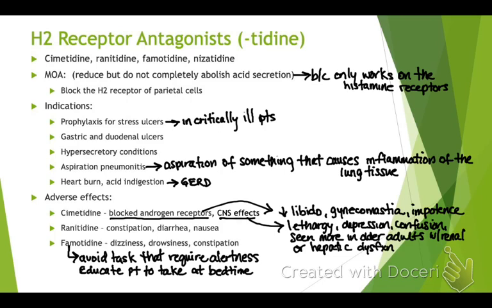Usually we'll see it more in older adults with renal or hepatic dysfunction, because they're going to be more prone to getting this as a sign of toxicity or as a sign of an adverse effect. Ranitidine usually causes constipation, diarrhea, and nausea, and the famotidine will cause dizziness, drowsiness, and constipation.